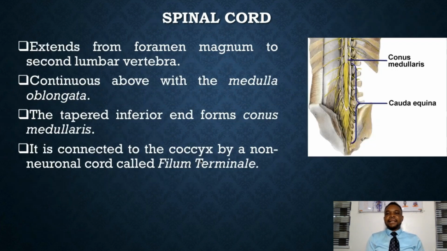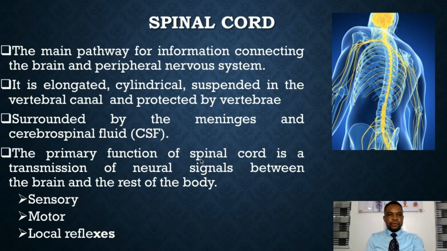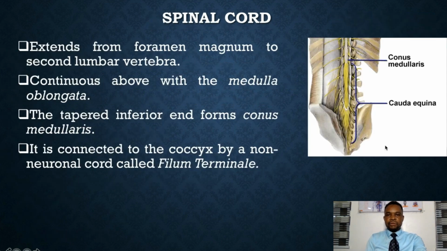As I said, it is an extension from the foramen magnum to the second lumbar vertebra. The spinal cord continues from the foramen magnum around the neck region, as the brain continues as medulla oblongata, throughout the entire length of the vertebral column, and then terminates at the second lumbar vertebra.